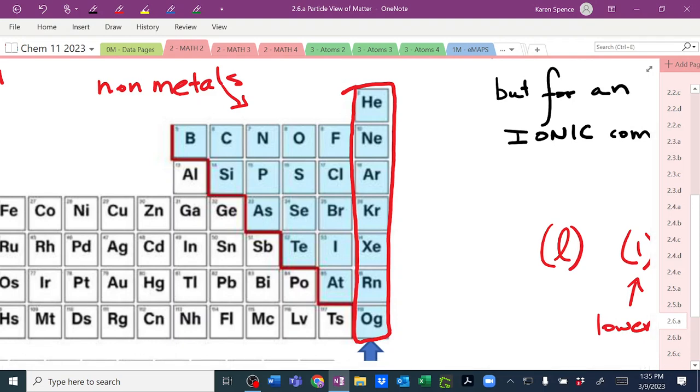See if you can see anything that you think might be a solid. Anyone think of one or more?